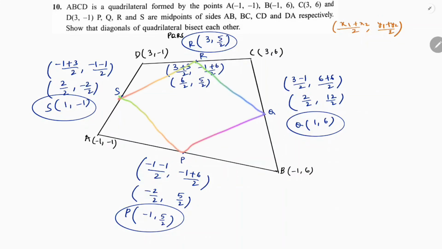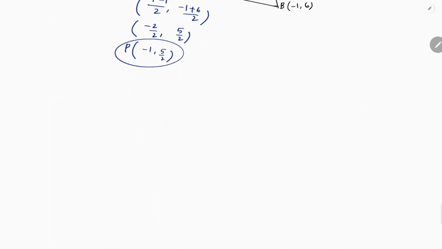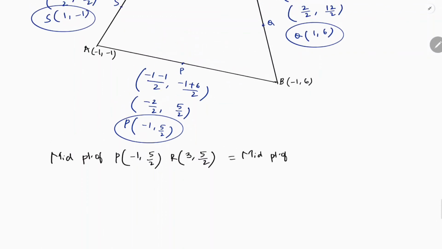So the midpoint of PR, if I prove it is equal to the midpoint of QS, with P (-1, 5/2), R (3, 5/2), and Q (1, 6), S (1, -1).